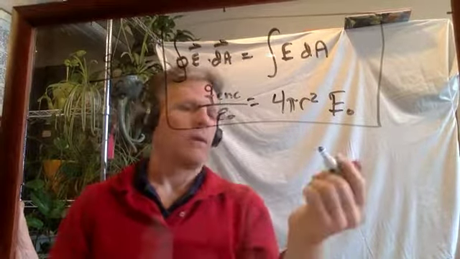Indeed you have. That is defined as Coulomb's constant, which you guys have used many times. And so we end up with E0 equals k Q enclosed over r squared.